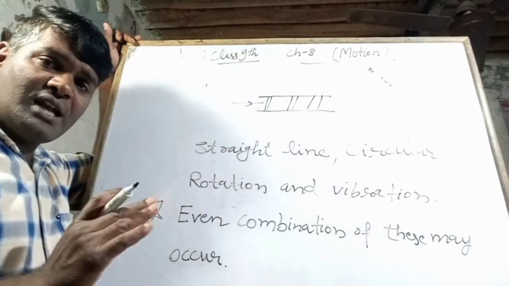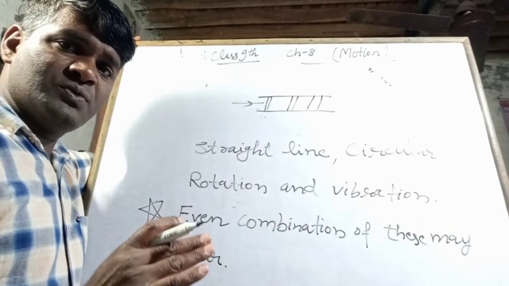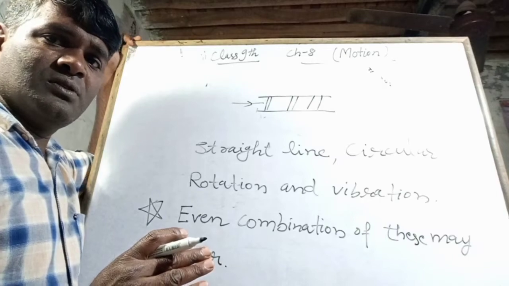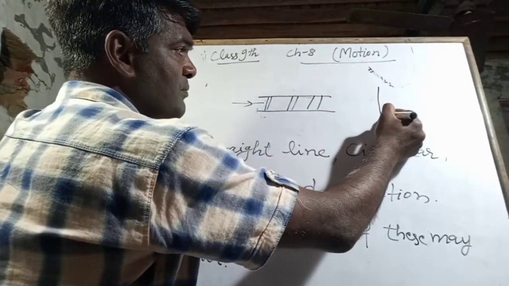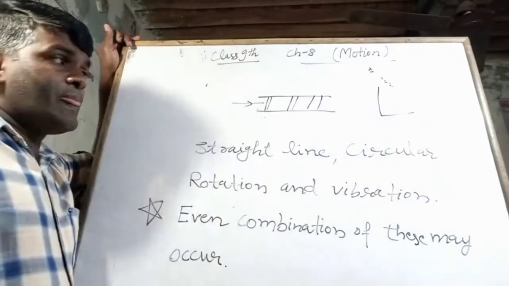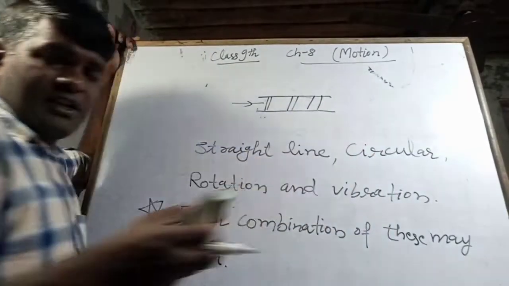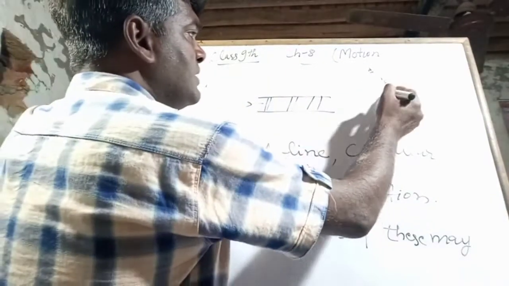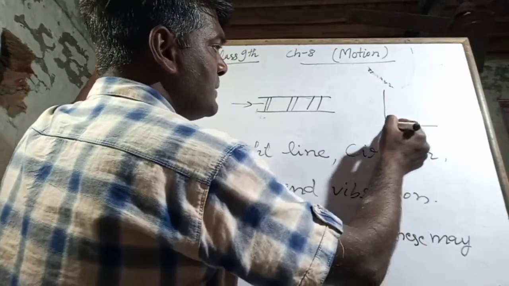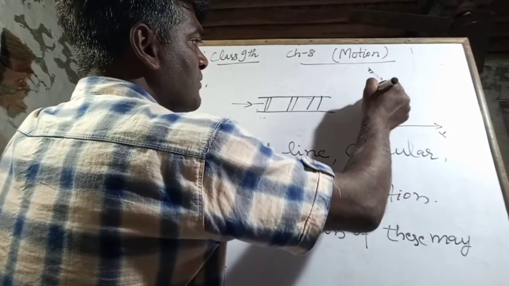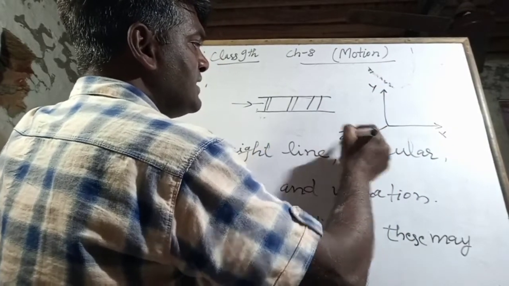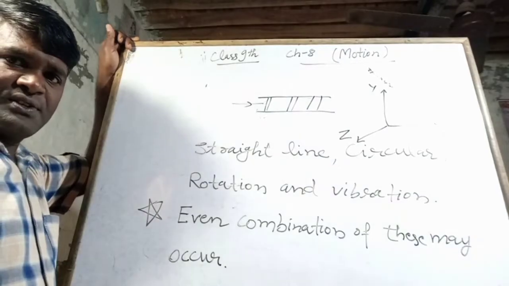Only one dimension is required to move, whereas we may have 3 dimensions. For example, this is the 3 coordinate axes, or you can say the Cartesian plane, denoting the x-axis, y-axis, and z-axis.